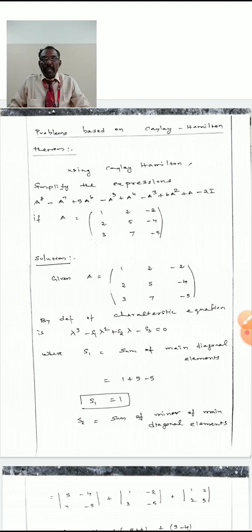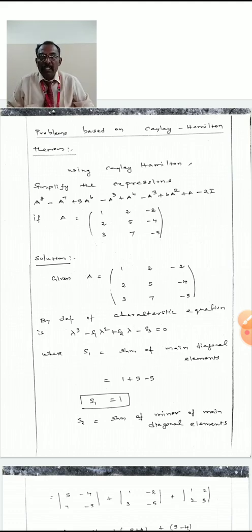Using Cayley-Hamilton, simplify the expression: A power 8 minus A power 7 plus 5 A power 6 minus A power 5 plus A power 4 minus A power 3 plus 6 A squared plus A minus 2I.